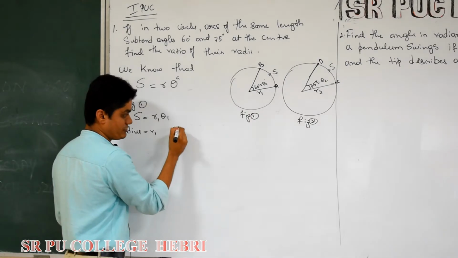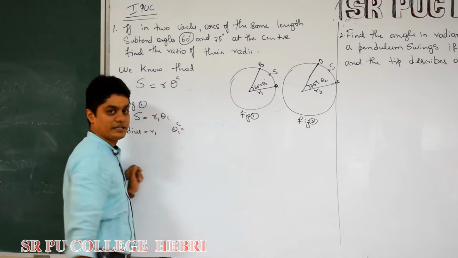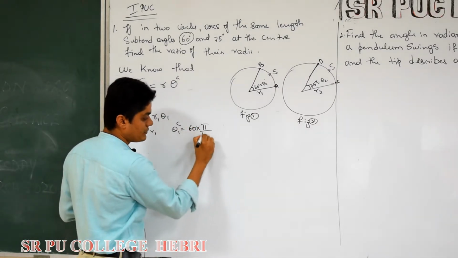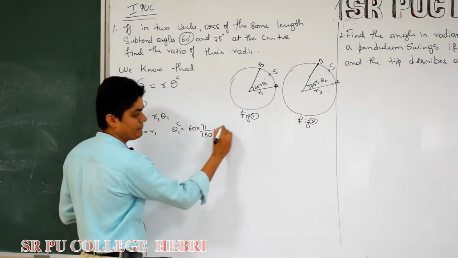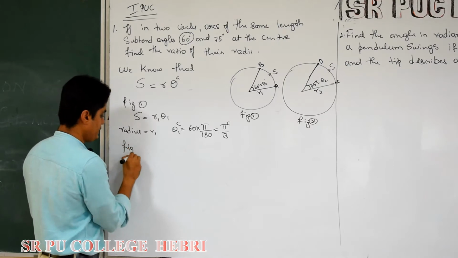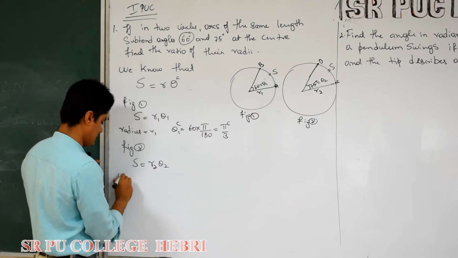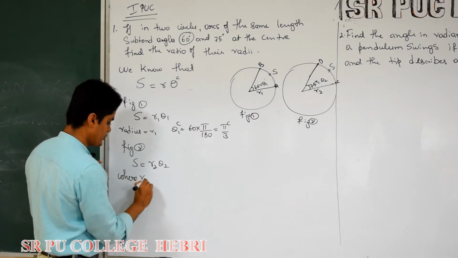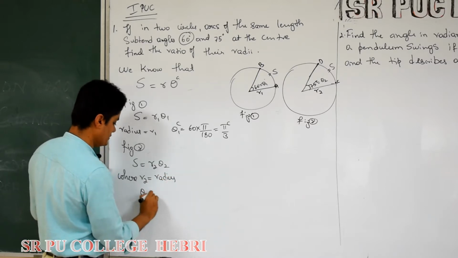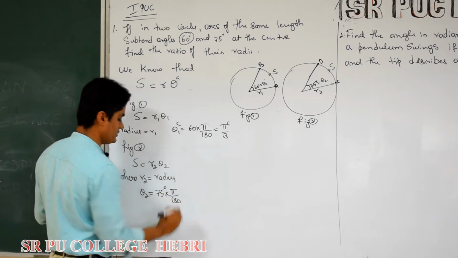See, we should write theta in radian measure actually, but here the given theta is in degree measure. How to write 60 degrees in radians? How to convert? Remember, multiply by pi by 180, so it is pi by 3 radian. This is for the first figure. In the same way, for the second figure, the formula is S is equal to R2 theta 2, where R2 is the radius, and theta 2 is 75 degrees. We cannot use it like that, you should convert into radians.